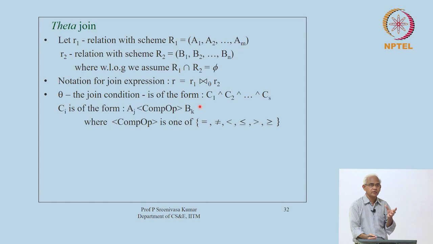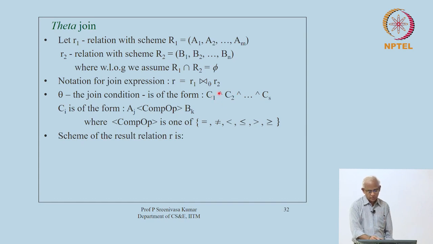So, in the join condition, the form will be like we take an attribute from the left side relation and an attribute from the right hand side relation, and then we do a comparison. The comparison is one of these 6 possible comparison operators. Then we can do conjunction, and this is the general form of the theta condition.